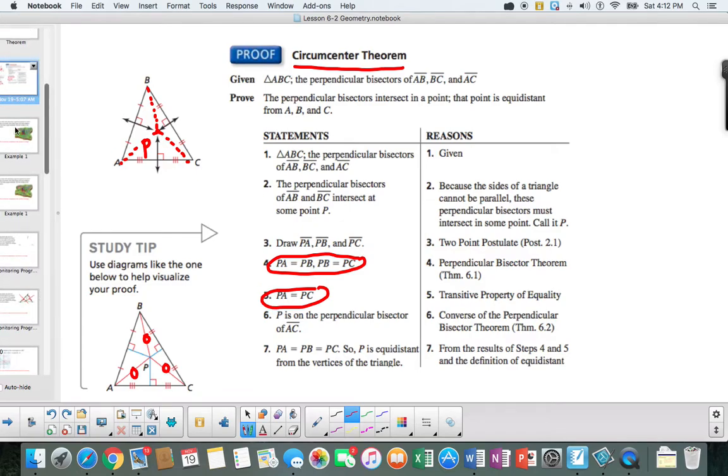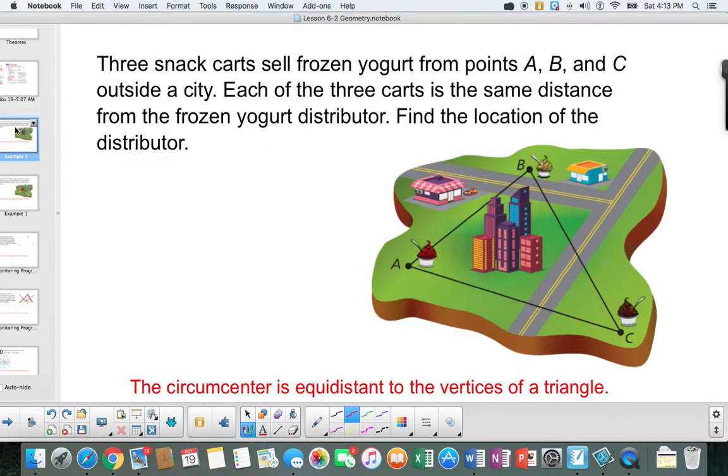Let's take a look at a picture and see how we use the circumcenter theorem. We have 3 carts, and we want to find where the frozen yogurt distributor ought to be so that it can have the same distance to each one of the carts. And we're going to use the circumcenter. Remember, the circumcenter is formed by perpendicular bisectors.